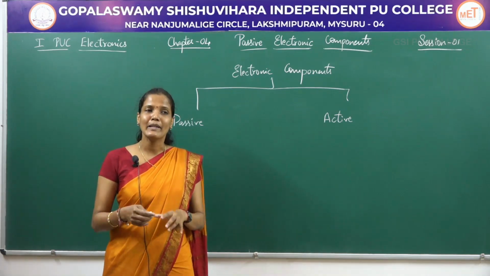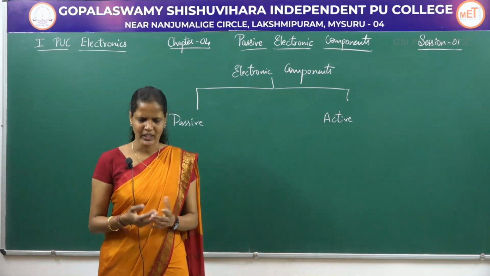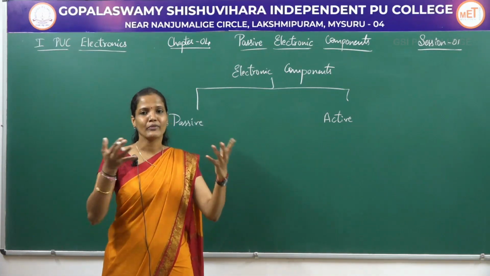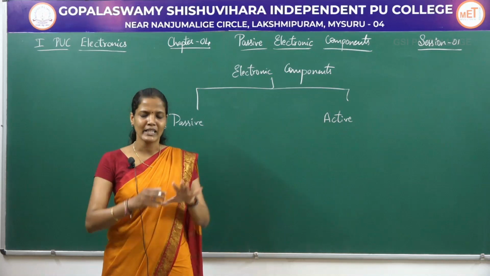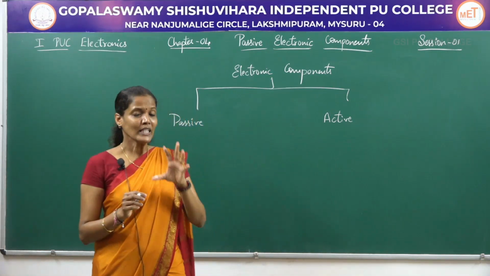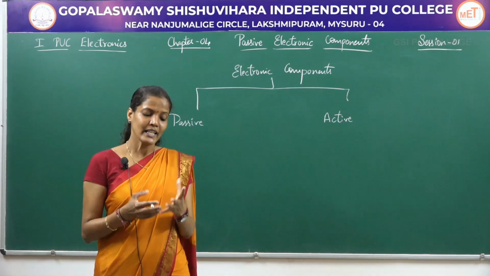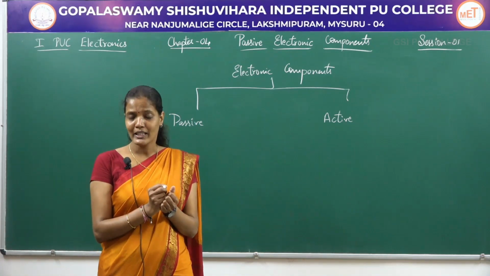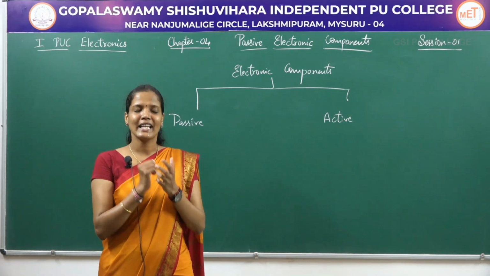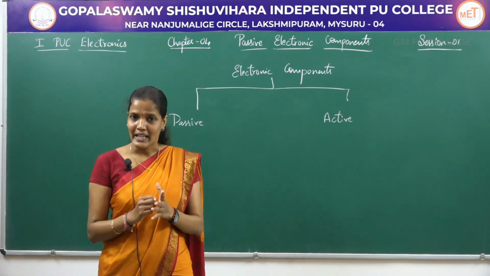That is, they are not able to supply energy to the network. Network in the sense, it is nothing but a circuit which contains source and a number of components which are interconnected together to form a closed loop. So these passive electronic components absorb the energy delivered by the source, and they store that energy as well as dissipate energy.